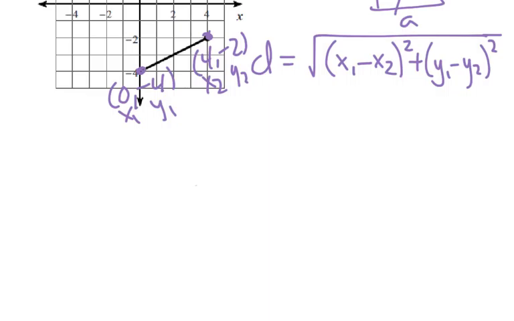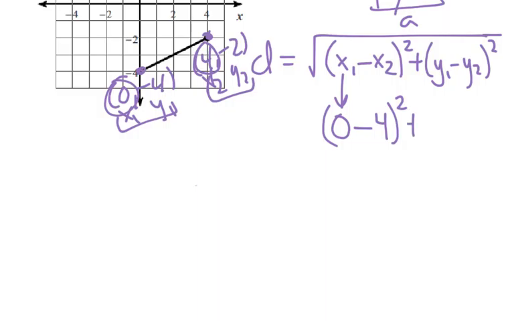It doesn't matter which one you call x1 or y1, just as long as they're the same point. So we take that x1, which is 0, minus that x2, which is 4. Square that, plus the y1, which was negative 4, minus the y2, which was negative 2.